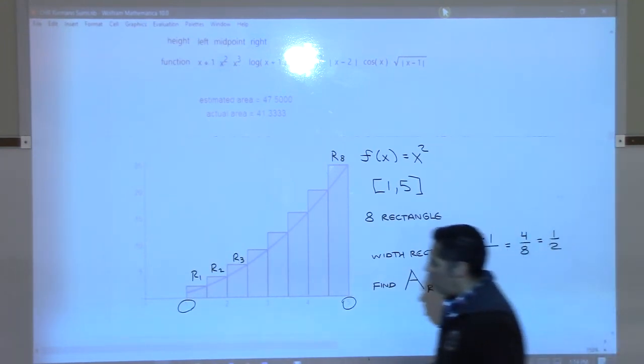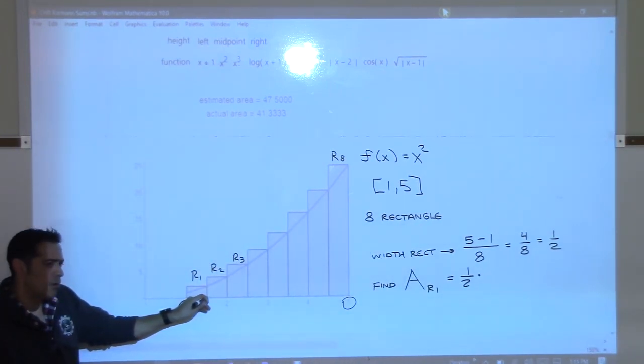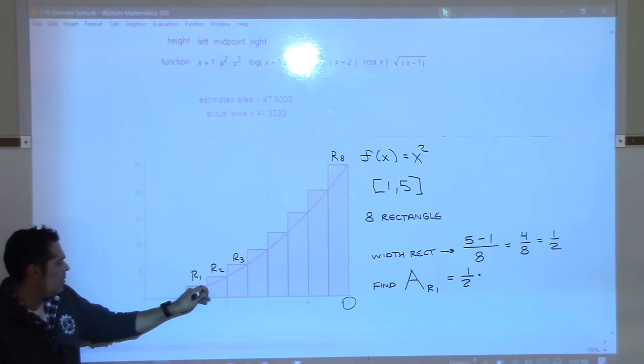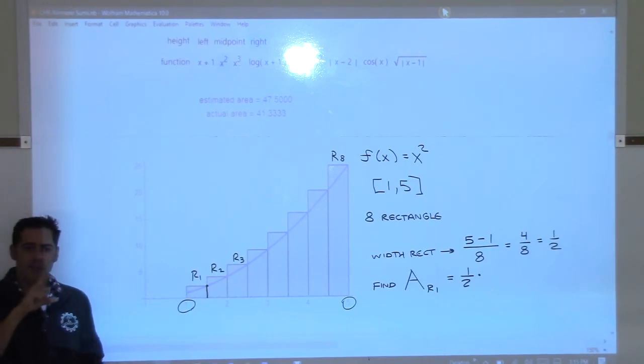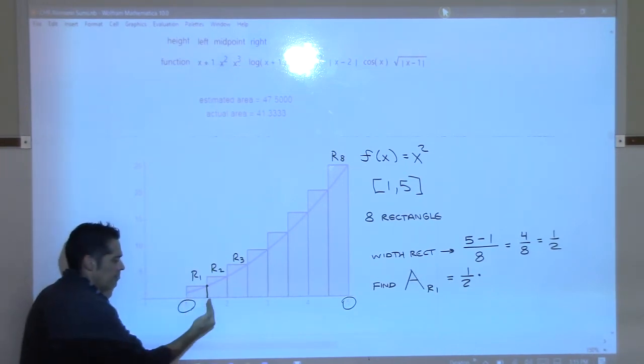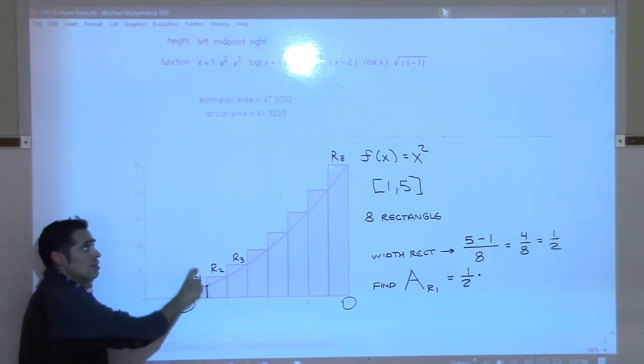To know how tall it is means that we need to go to the right corner of this rectangle and go up and figure out what that value is. That's the height of the function at what x coordinate? Do you know that x coordinate? It's 1 plus a half, right? So 3/2. And then you'd have to plug 3/2 into the function to figure out how tall it is.